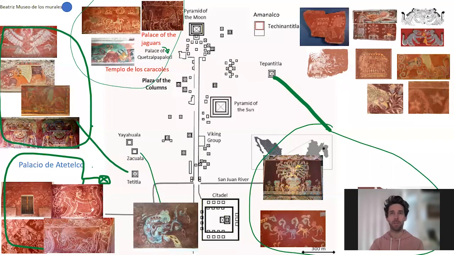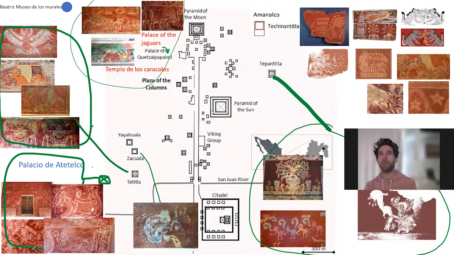So this is my map of the paintings of Teotihuacan, and these are the sites. If you watch the introductory video, we have the main three sites here: the pyramids, the Temple of the Feathered Serpent, the Avenue of the Dead, and these apartment compounds or palaces.